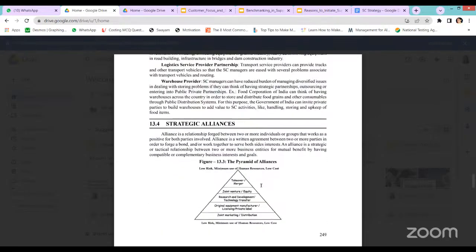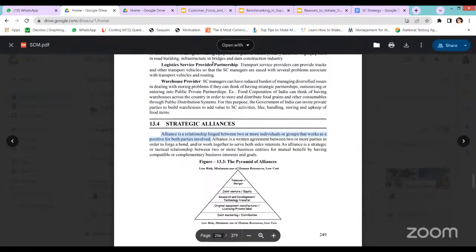The next one is strategic alliances. What is an alliance? An alliance is a relationship forged between two or more individuals or groups that works as a positive for both parties involved. They both agree to share the profits and losses or the liabilities, and how they are supposed to share, they will have an agreement.